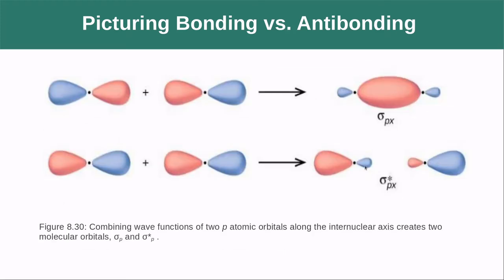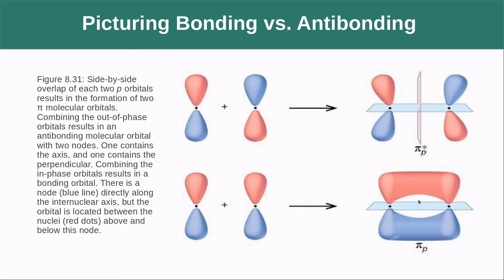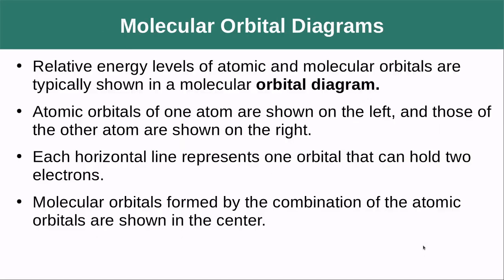We can picture this for p orbitals as well, forming an overlap along the internuclear axis or an antibonding orbital along the internuclear axis, and we can extend this to side-to-side interactions like we've seen before.